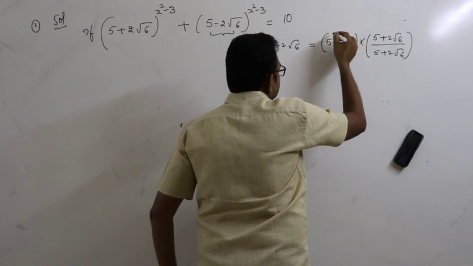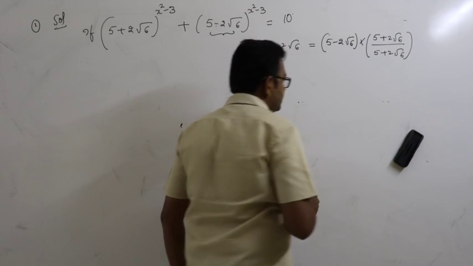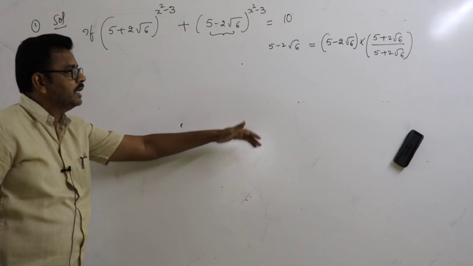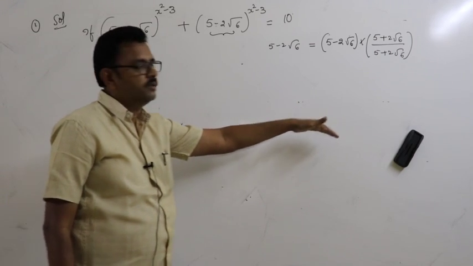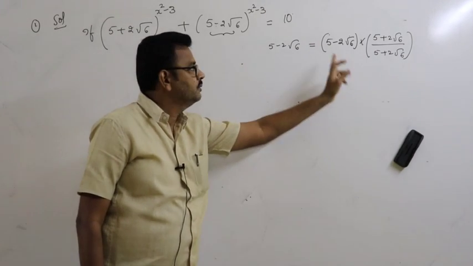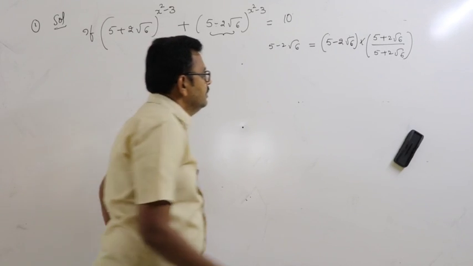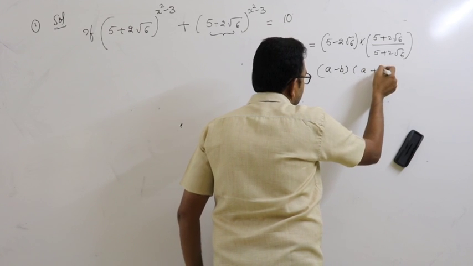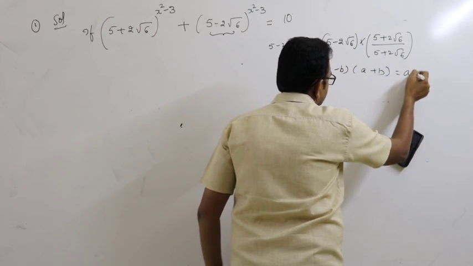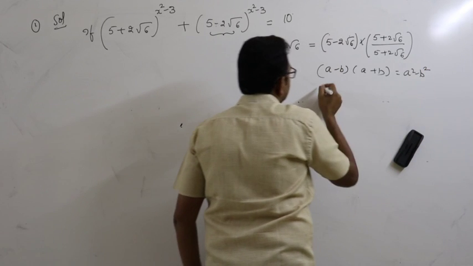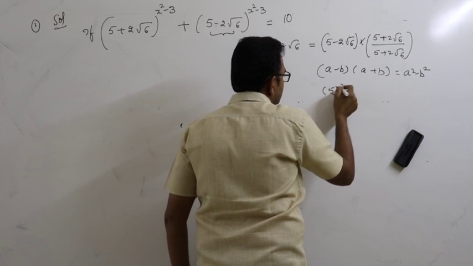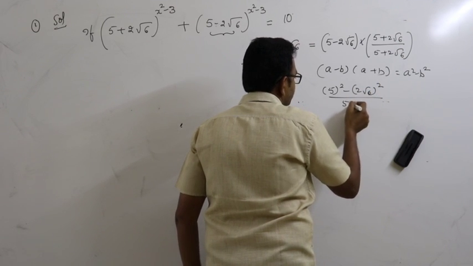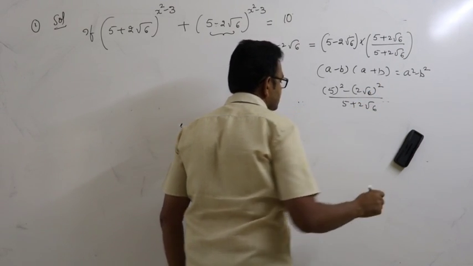Now this part is a minus b into a plus b. Algebraic identities play a vital role everywhere you get that form. Now, a minus b into a plus b is equal to a square minus b square. So this is 5 square minus 2 root 6 whole square, over 5 plus 2 root 6.